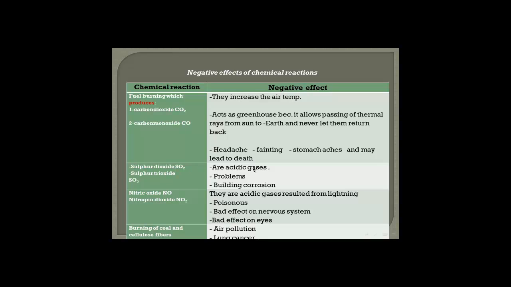They are acidic gases and cause many problems such as building corrosion. Nitric oxide NO and nitrogen dioxide NO2 are also acidic gases resulting from lightning, and they are poisonous. They have a bad effect on the nervous system and on eyes. The last one, burning of coal and siliceous fibers causes air pollution and lung cancer.